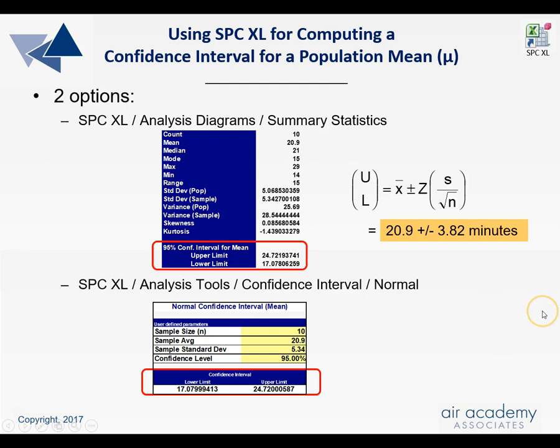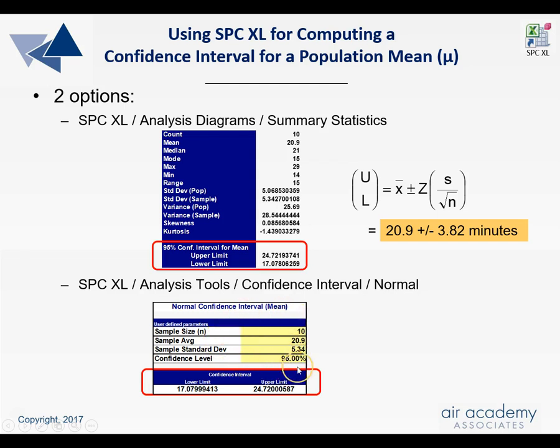A second way to get a confidence interval in SPC Excel is to go to the analysis tools, the confidence interval, and the normal. In this option, you will be asked to put in four different values: the sample size, the sample average, the sample standard deviation, and then your desired level of confidence.